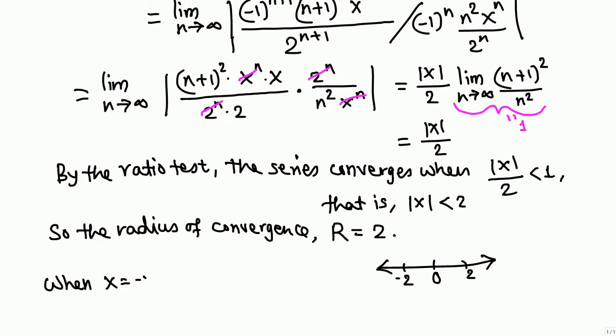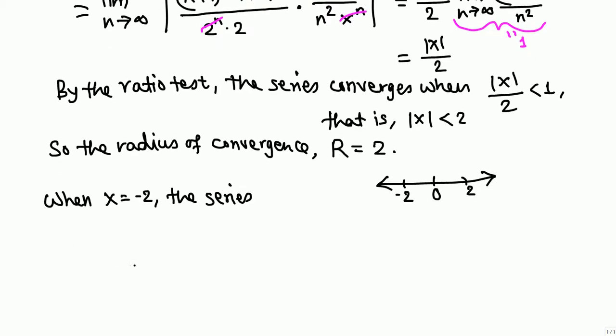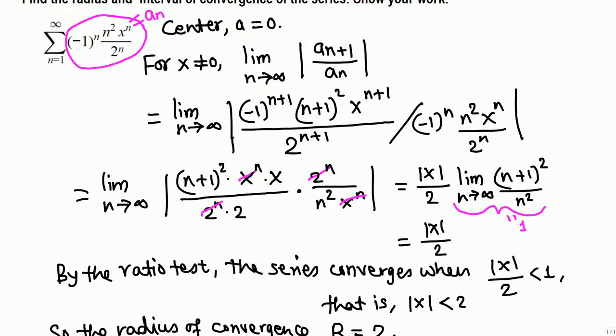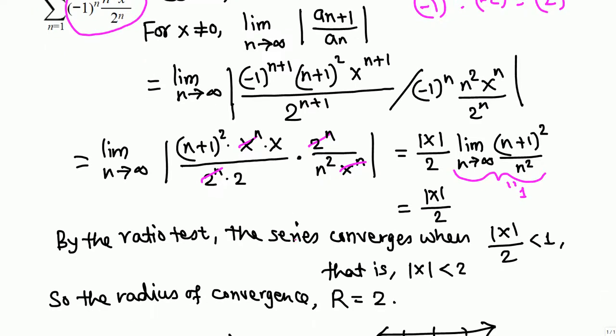When x equals -2, the series becomes the sum from n equals 1 to infinity of (-1)^n n^2 (-2)^n over 2^n.